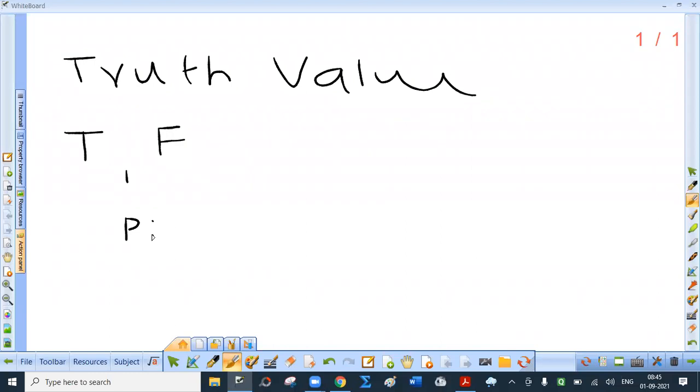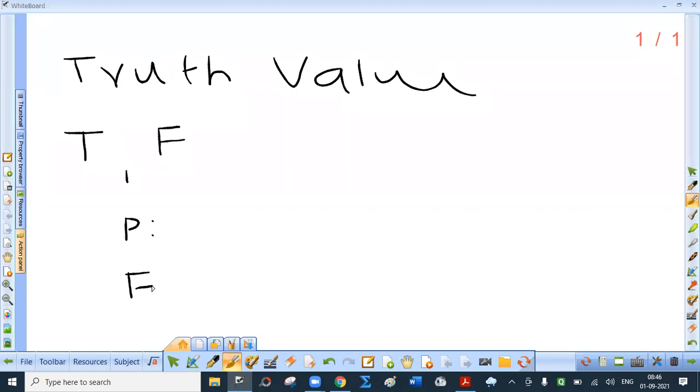We know that the sentence P is a statement, but is it true? No. 3 plus 5 is 8, which is not an odd integer, it is even. And therefore we say that the truth value of this statement P is F, as the statement is false.